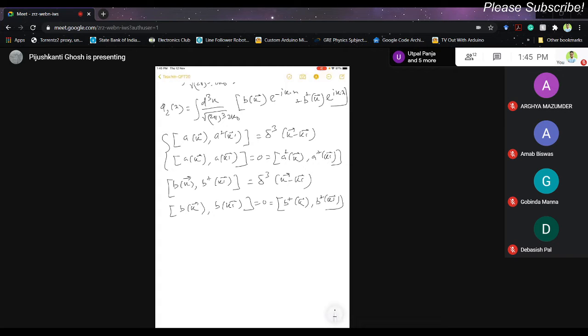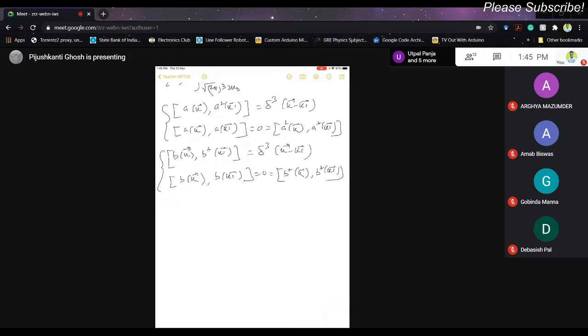Now, since I am talking about two types of annihilation and creation operators, I know all possible commutation relations involving a and a dagger, and all possible commutation relations involving b and b dagger. Now the next question is: what about the mixed commutation relations, namely a with b, or a dagger with b and b dagger?